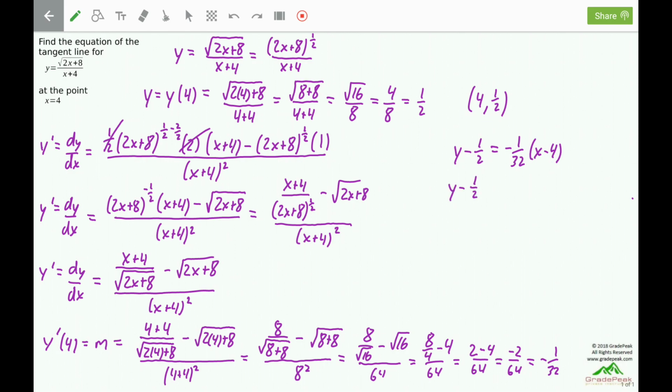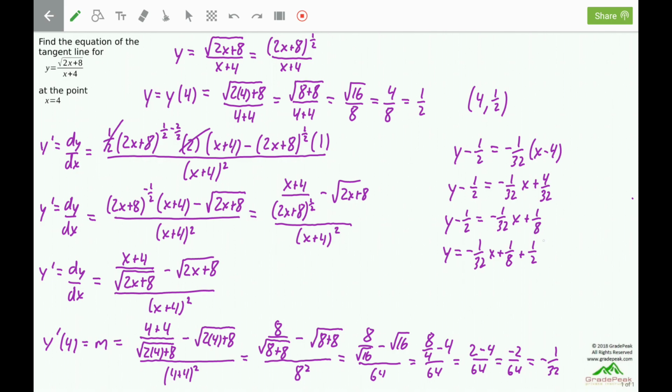We're going to want to solve for y here, so we're going to distribute the negative 1 over 32 in. So we'll have negative 1 over 32 x plus 4 over 32, which we can reduce. We have y minus 1/2 equals negative 1 over 32 x plus 1 over 8. We can add the 1/2 over, so negative 1 over 32 x plus 1 over 8 plus 1/2.